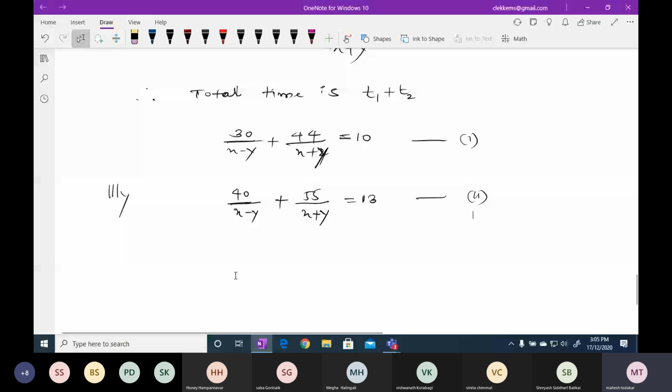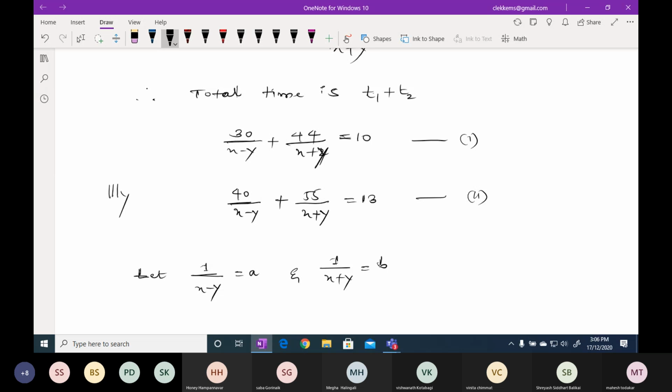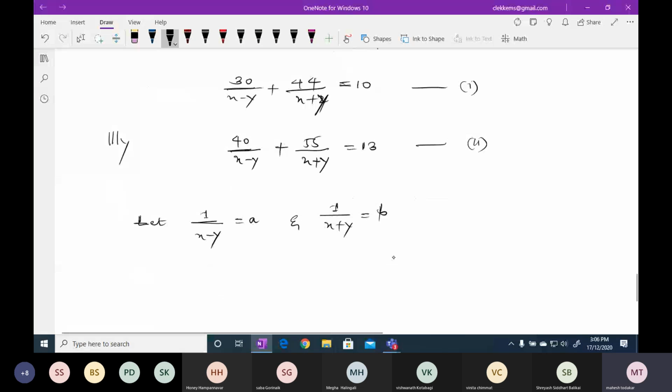So now next we need to solve equations 1 and 2. You know it very well how to solve. Equations are reducible to a pair of linear equations. So let 1 divided by x minus y be a, and 1 by x plus y be b. Now these values we can write here: 30a plus 44b is equal to 10.